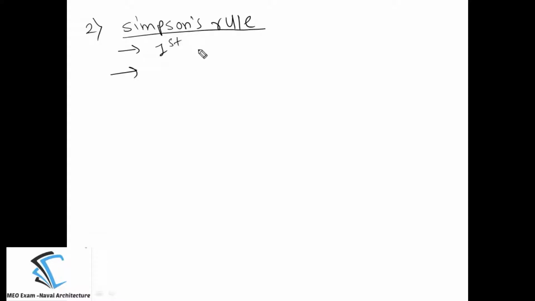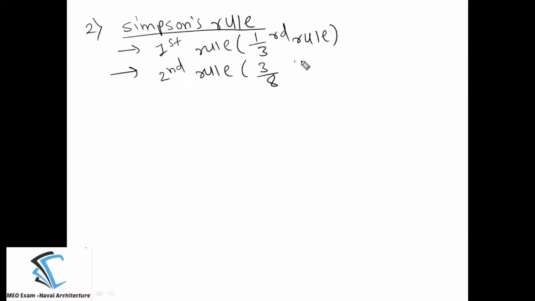Before starting that, let me explain how to proceed. This is the second method, that is Simpson's rule. As I already told, in Simpson's rule there are two rules. Simpson's first rule we will call the 1/3 rule, and the second rule we will call the 3/8 rule of Simpson's.